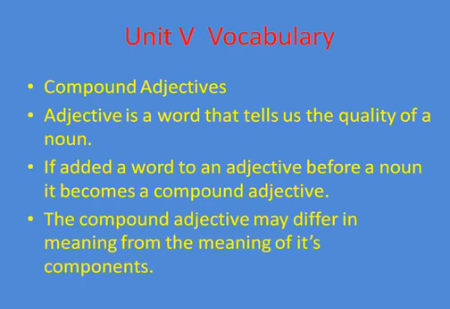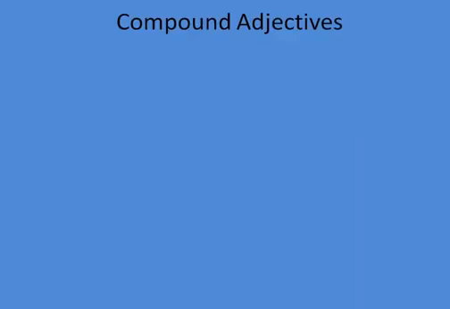The compound adjective may differ in meaning from the meaning of its components. Here I mean to say that the two words used to form a compound adjective may have different meanings, but when they are used as a compound adjective, it will convey an entirely different meaning.